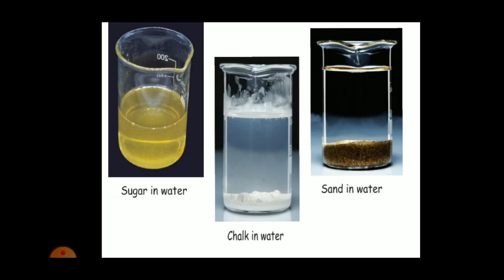Let's see some examples. First one, sugar in water. Sugar completely dissolves in water, so it is soluble in water. Next one, chalk in water. Chalk powder does not dissolve in water even after we stir for a long time.